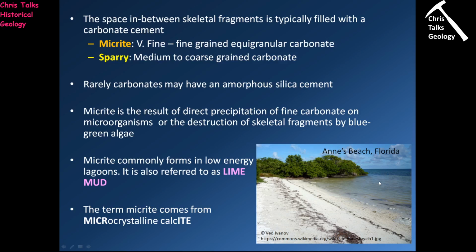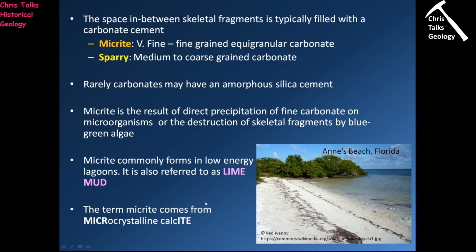And very, very small crystals of calcium carbonate are going to start to nucleate on their body. Okay, and over time, I'm sure your algae will live a full and happy life, and then eventually it will die. And obviously the organic portion of your algae will decompose, but the calcium carbonate crystals that were on the body, well, they'll just float down and settle out onto the bottom of the lagoon.